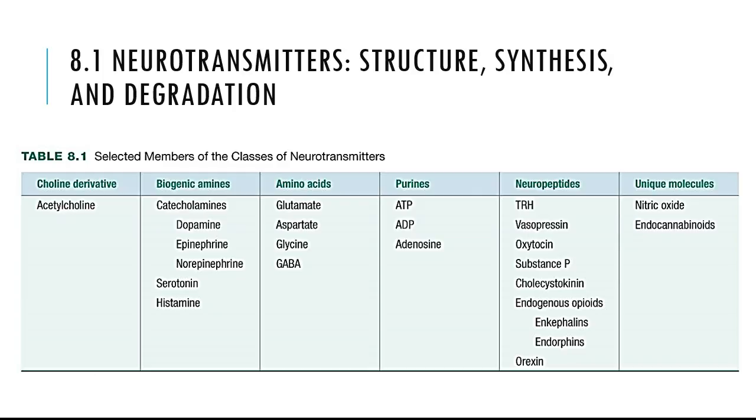So this gives you a snapshot that our neurotransmitters are more than epinephrine, dopamine, and serotonin. There are various molecules out there that act on the brain, but we're going to just hone in on those really famous ones: dopamine, serotonin, epinephrine, and another one called acetylcholine.